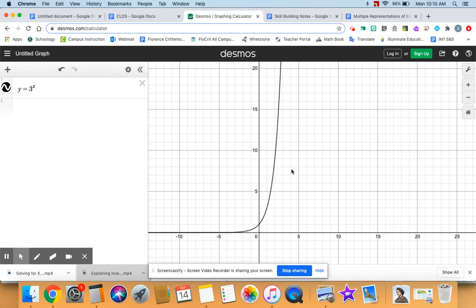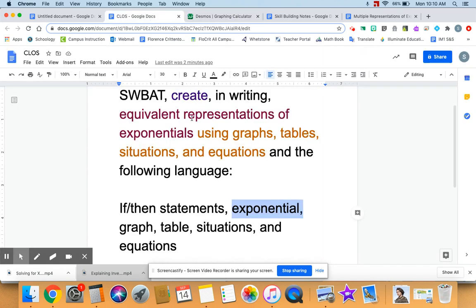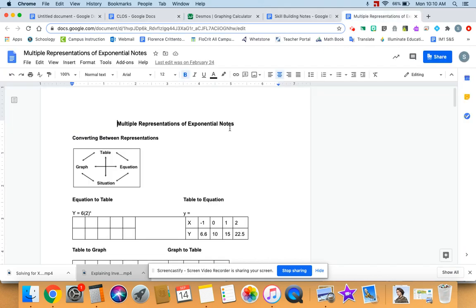And so our goal is to take these type of functions, these exponentials, and then we're going to create equivalent representations. Well, remember, representations in math are graphs, tables, situations, and equations. So if I look at starting these notes, let's zoom in.